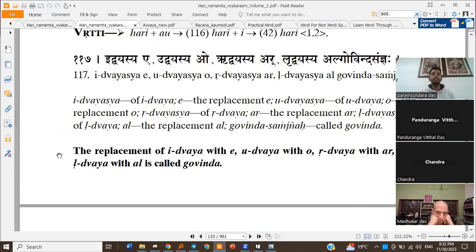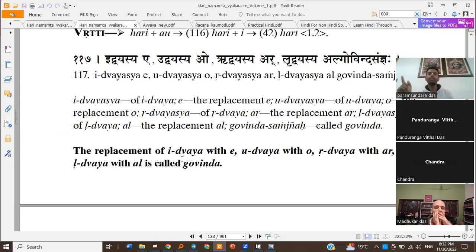So the replacement of Idvaya with A, Udvaya with O. You can actually note it down. This is important. So Idvaya becomes A, Udvaya becomes O, Ritvaya becomes Ar and Ridvaya becomes Al.